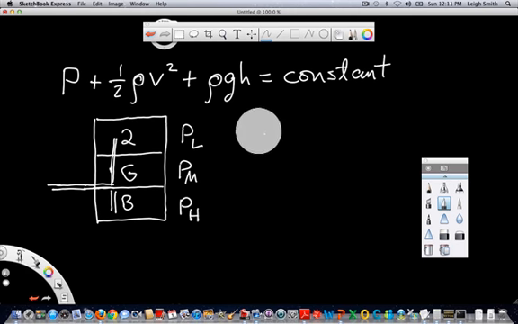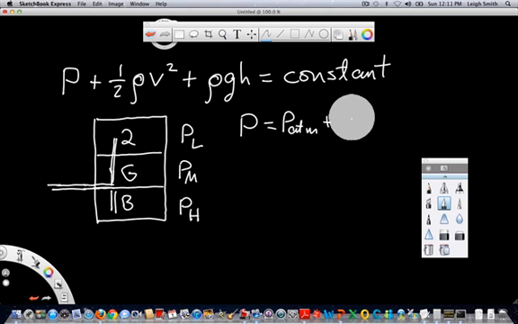This is also consistent with the idea that the pressure at depth in the water is just equal to P atmosphere plus rho g h. So the farther down you are, the higher the pressure. But Bernoulli's equation is what really does that.